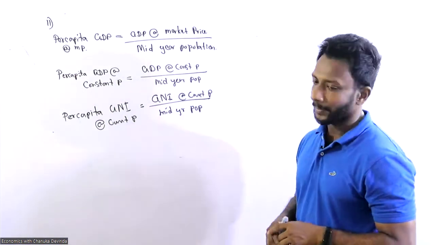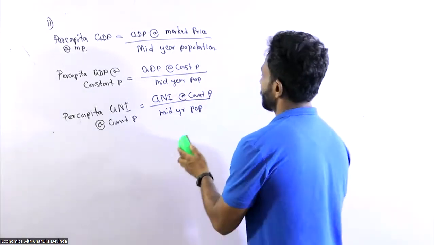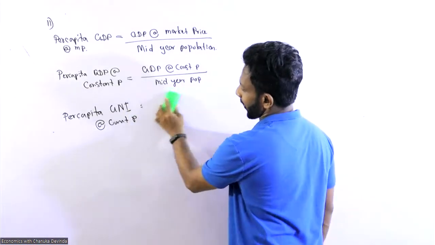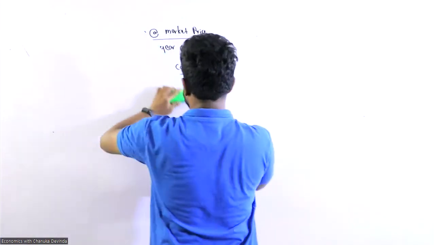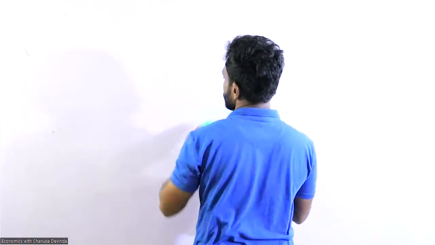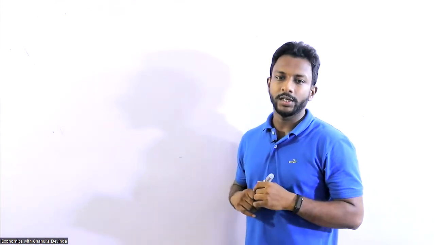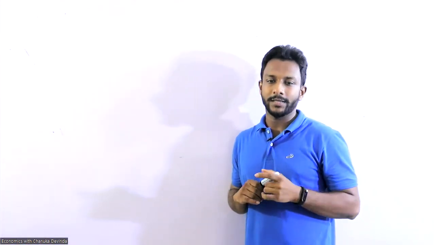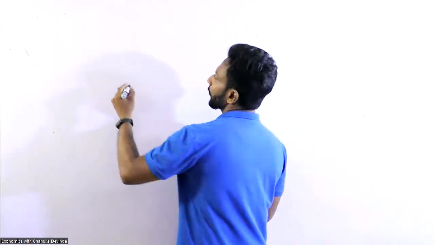We'll mention those points. I'll erase this because I know you can pause this and write down. So here, 12th question. In a given year, GDP at current price, that means market price, has increased by 14.1.